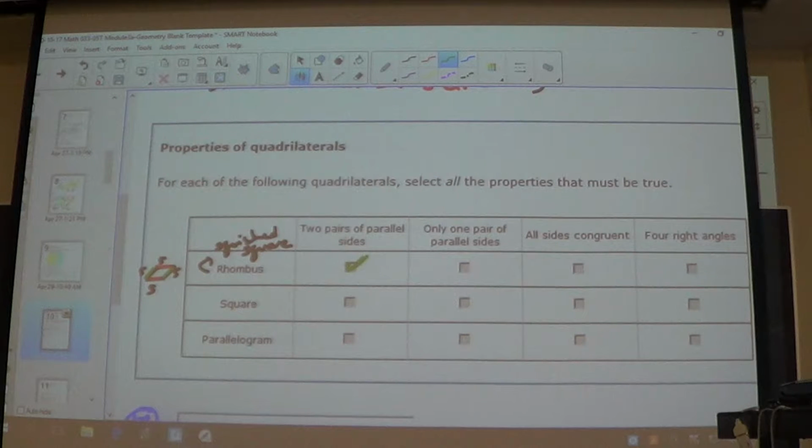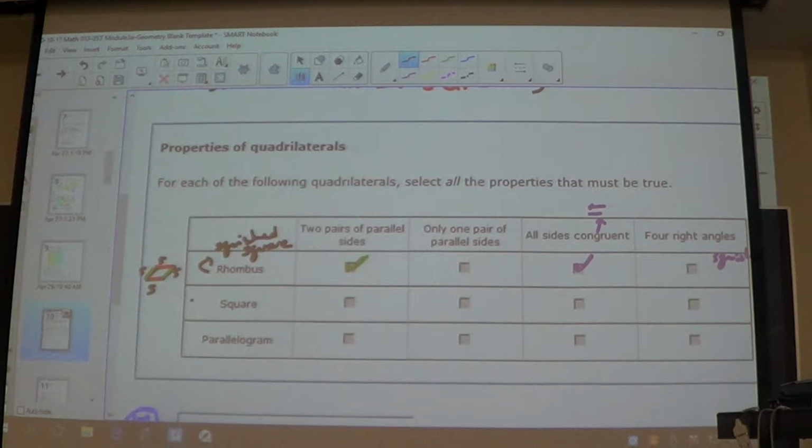So if it has 2 pairs of parallel sides, can it have 1 pair of parallel sides? No. Now, congruent, y'all, is a fancy name for equal. Are all sides equal? Yes. 5, 5, 5, 5. Does it have 4 right angles? No, because it's squished.